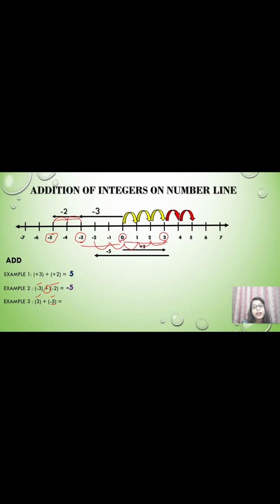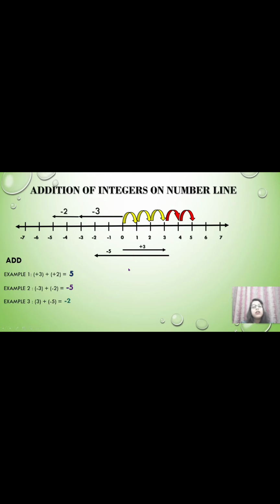If I take 5 steps in the left direction from the point 3, I have reached up to the point minus 2. So what we observe? We observe that our answer comes minus 2. So if we add 3 and minus 5 on a number line, we get our answer minus 2 on the number line.